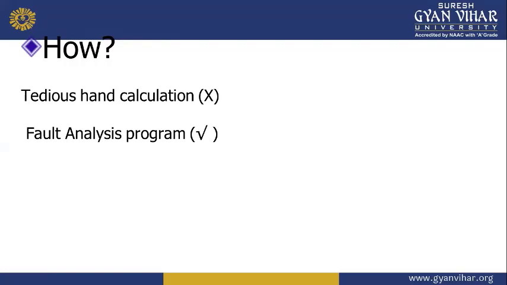Not only limited to the programs, we have several software or simulation programs where we can simulate the complete network of the system or a part of it for the short circuit analysis, which gives you the results of the short circuit: the subtransient short circuit current, the transient short circuit current, and the steady state currents. The software will be able to provide complete information about the various short circuit studies. One such software is ETAP.